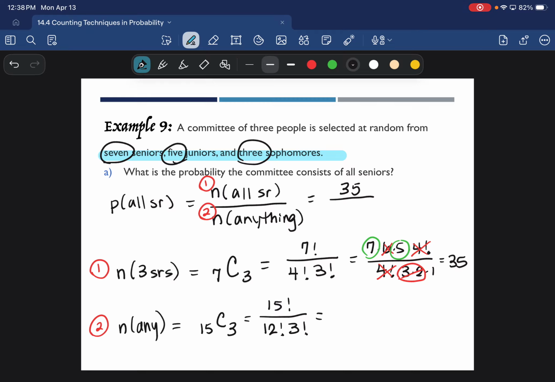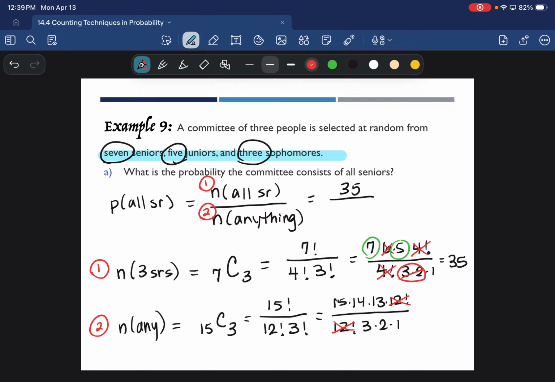Is that making sense? Okay, so I have my 15, 14, 13, and 12 factorial on top. Then I have the 12 factorial on bottom, and I have 3, 2, 1. So the 12 factorials cancel. I can't pair these up very well on this particular one, they don't pair at all.